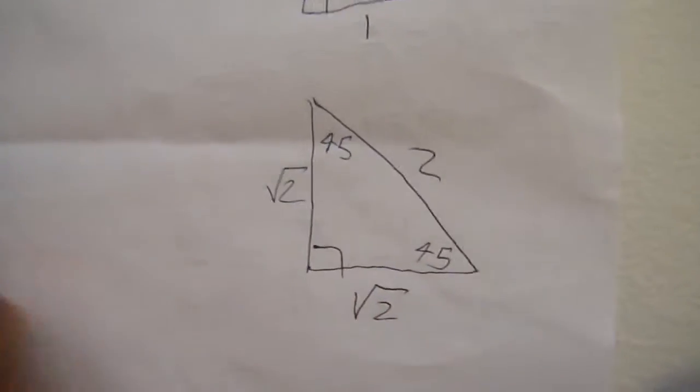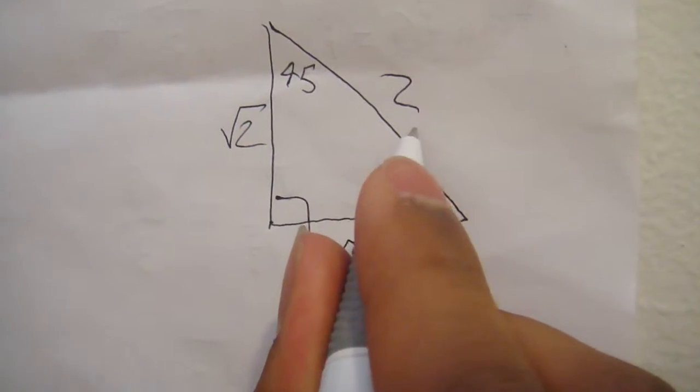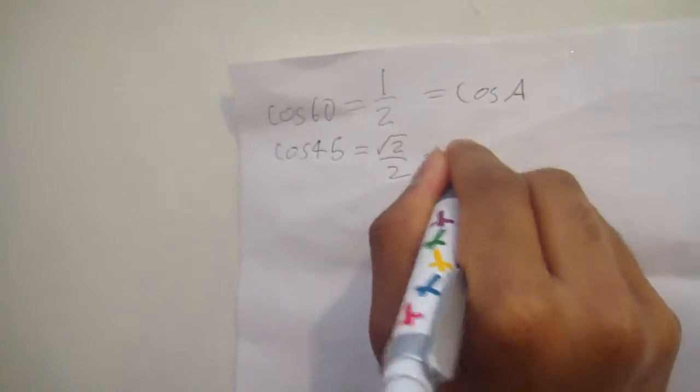Alright, so we use adjacent over hypotenuse, so it's rad 2 over 2. That's equal to rad 2 over 2, which is cos B. Now we have to find the two sines.